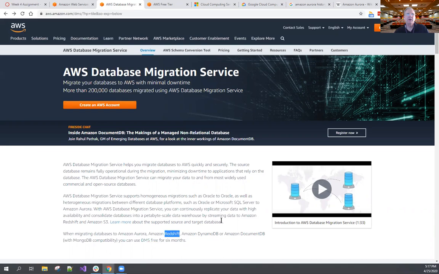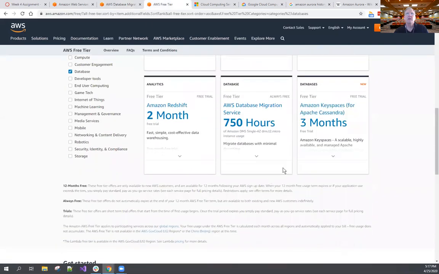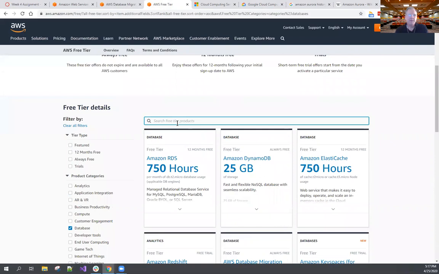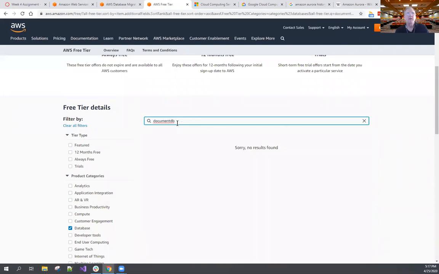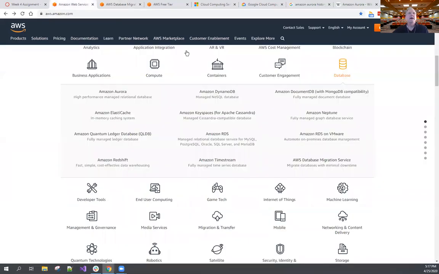That is data warehouse, and this is NoSQL. See, Amazon DocumentDB. I don't think that's in the free tier. Let's see, DocumentDB. Nope.